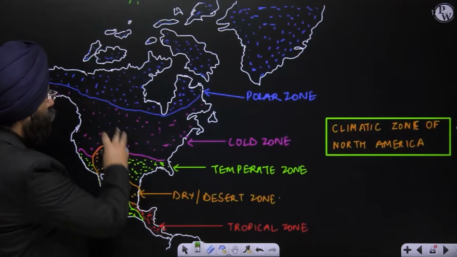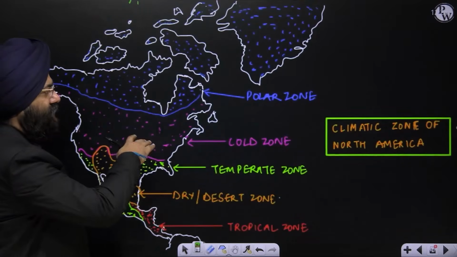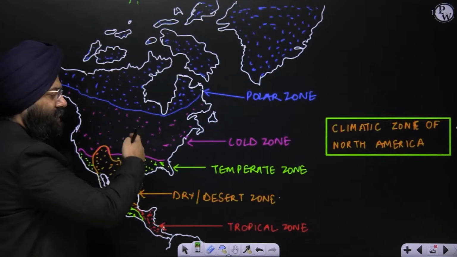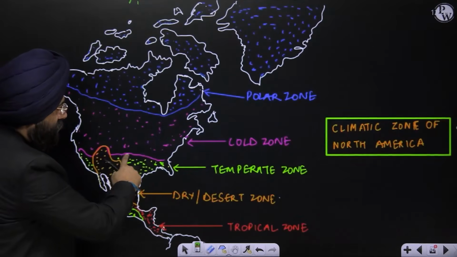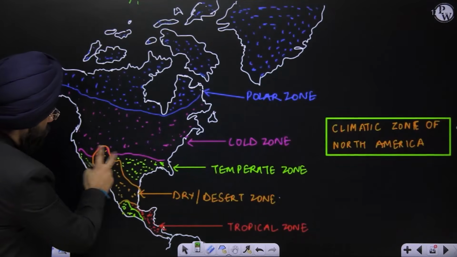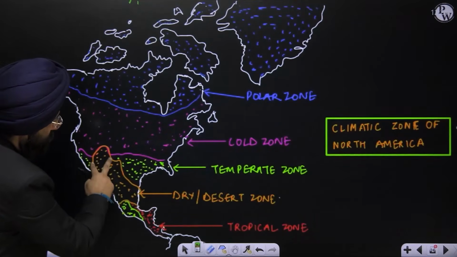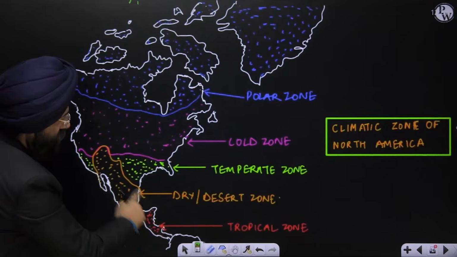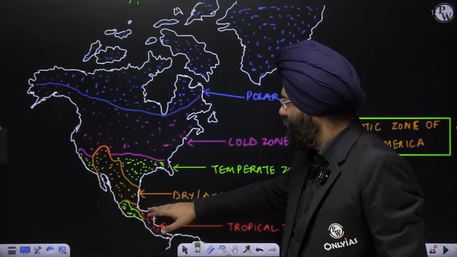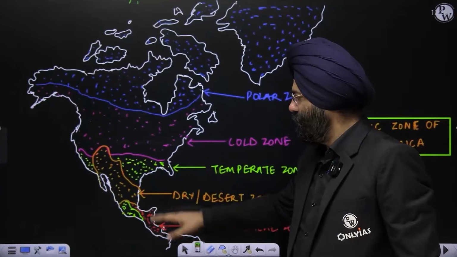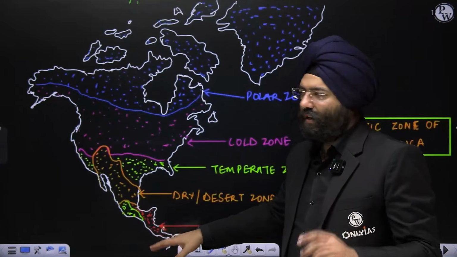Then you have the cold zone over here, relatively lesser temperature, though obviously there is snowfall during the winter months. Then you have the temperate zone over here and here. Then you have the desert zone over here, and finally the tropical zone over here. Please understand the complete North America lies in the northern hemisphere, but again, this lies relatively closer to the equator in comparison to the other countries.